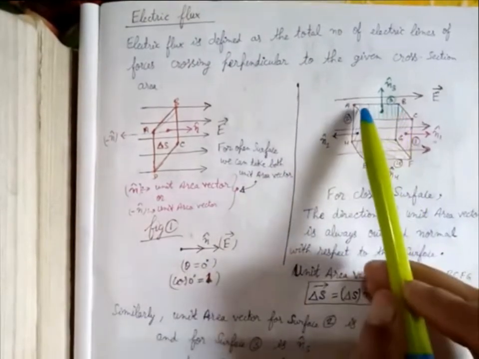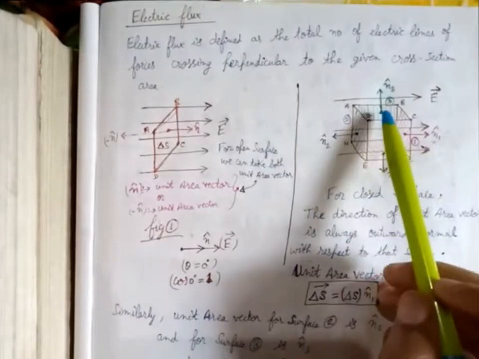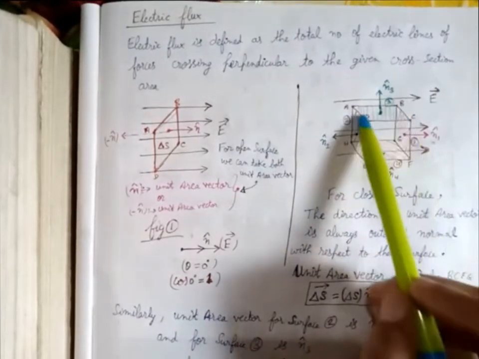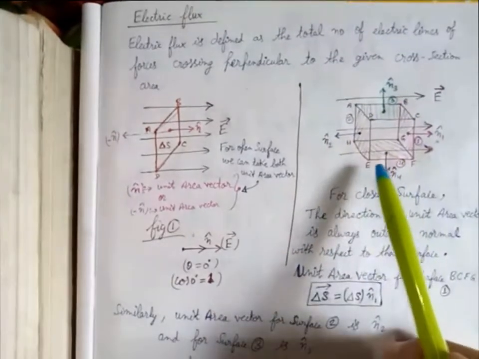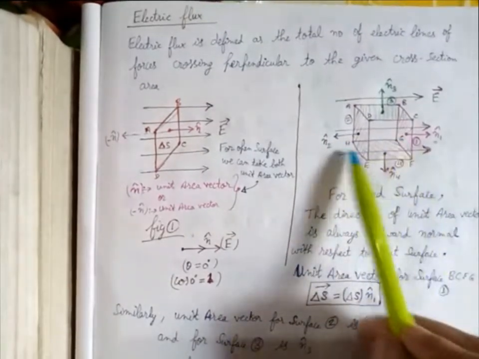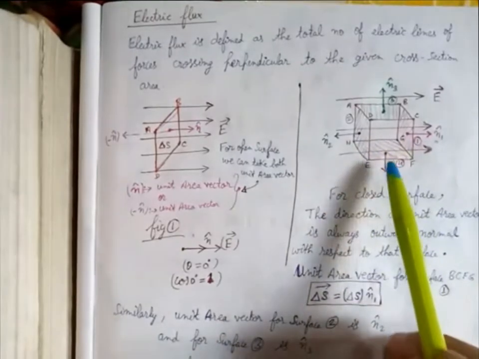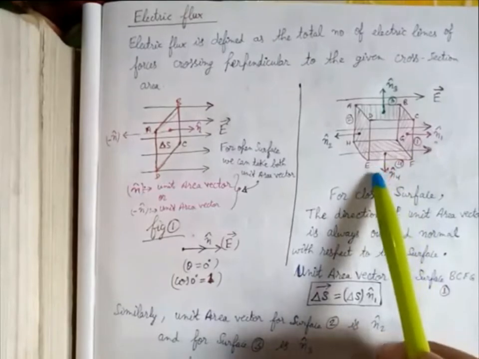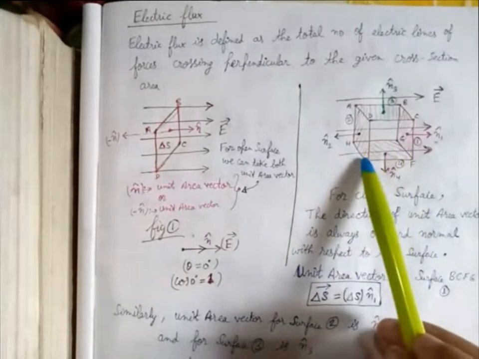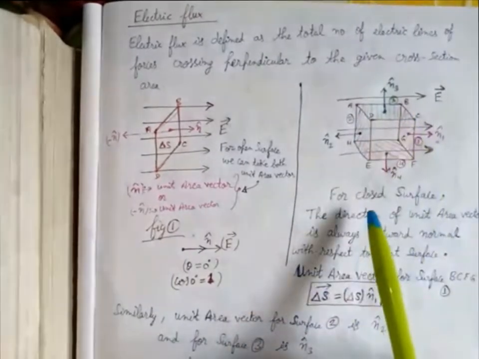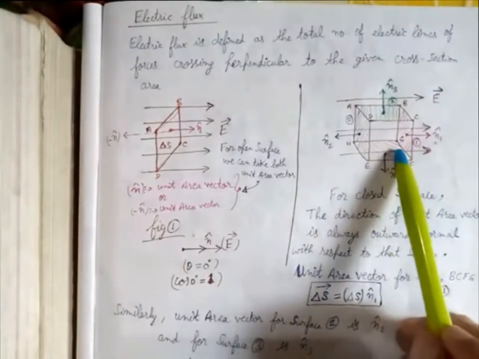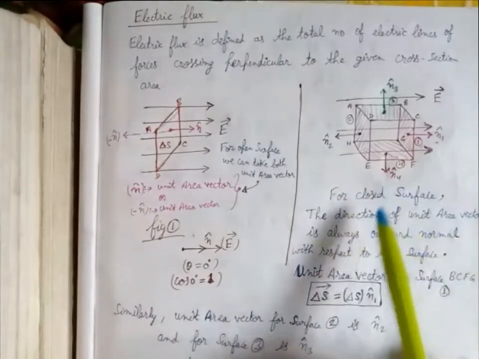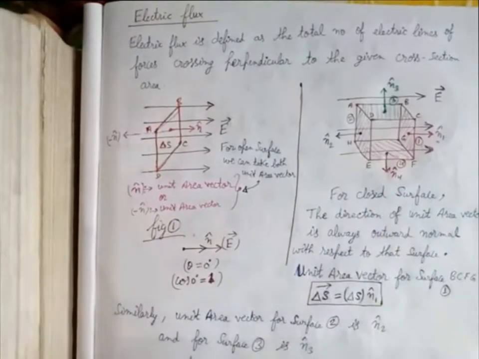In the same way, this third surface ABCD, this n3 cap is the outward normal which is perpendicular to this surface. In the same way, EFGH, this is the fourth surface, and this n4 cap is the unit area vector which is the outward normal for this closed surface. So the direction is always the outward normal for the closed surface.